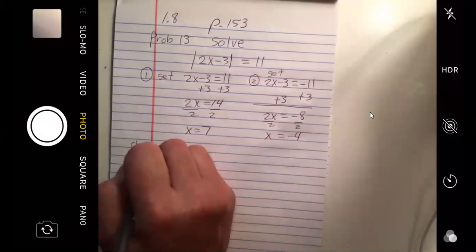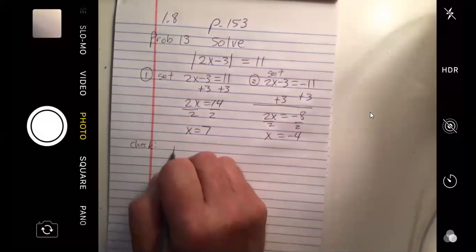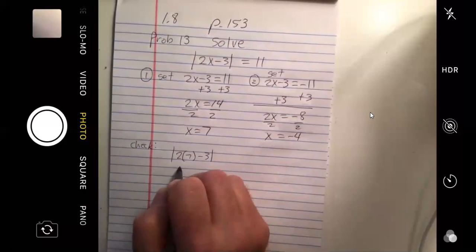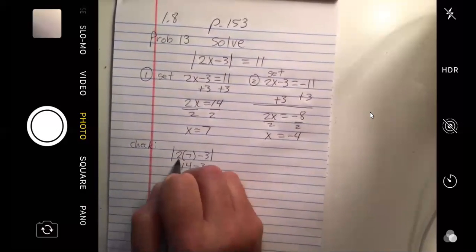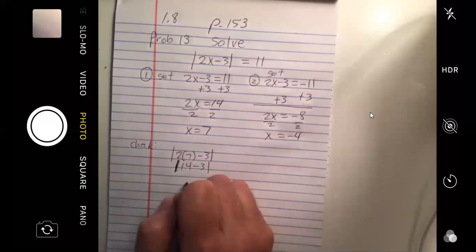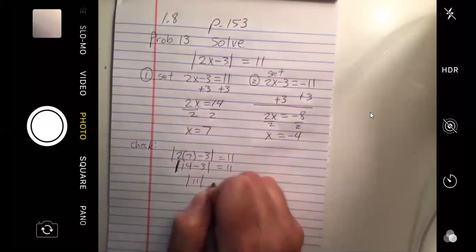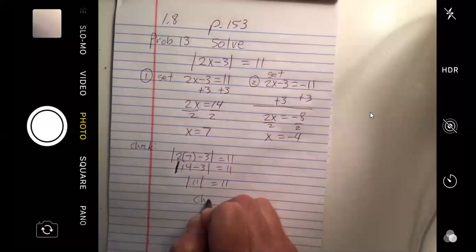Check. Absolute value of 2 times 7, subtract 3. Absolute value of 14 minus 3. That's the absolute value of 11, equals 11. Check.